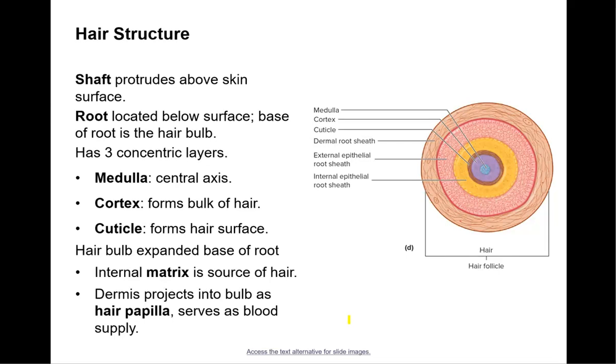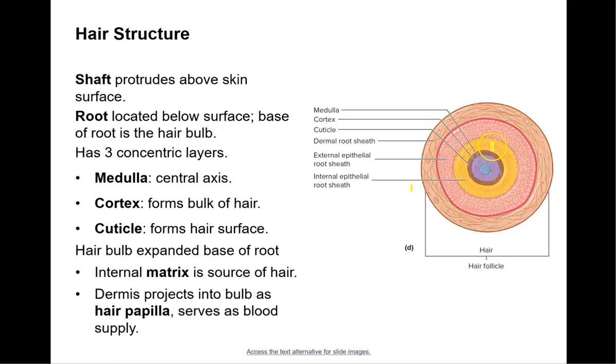Now, as far as the hair structure, if we do a cross section through the shaft of a hair, basically the very center is the medulla. The layer outside of the medulla is called the cortex. And then outside of that, to protect the hair, is the cuticle.